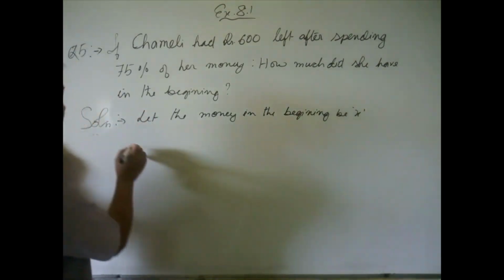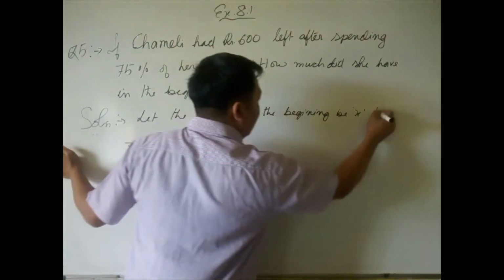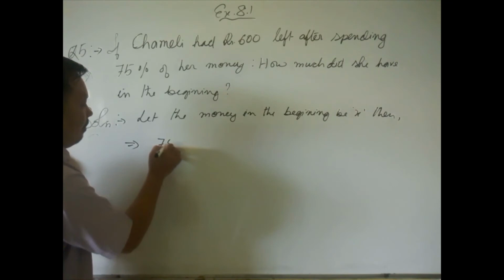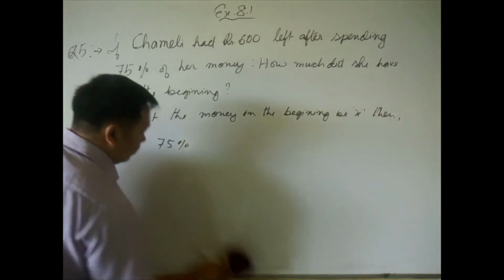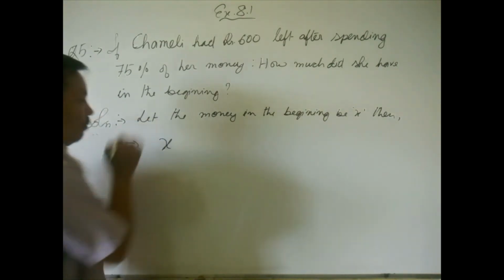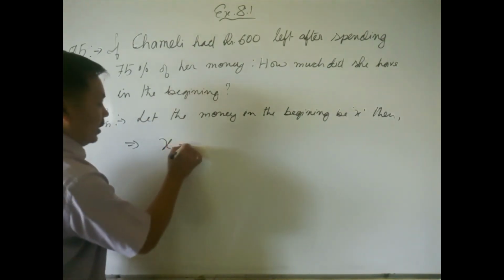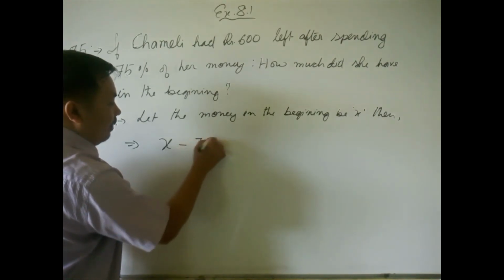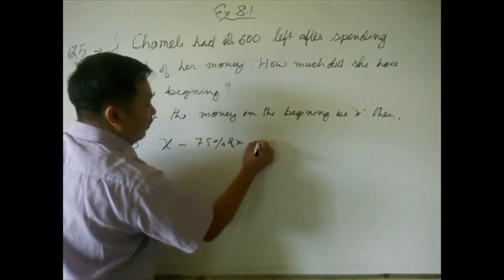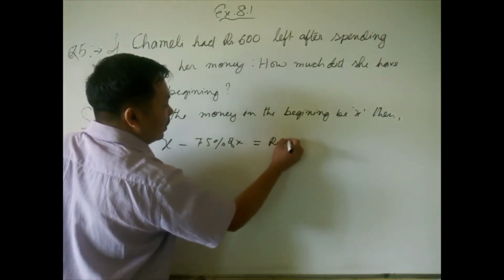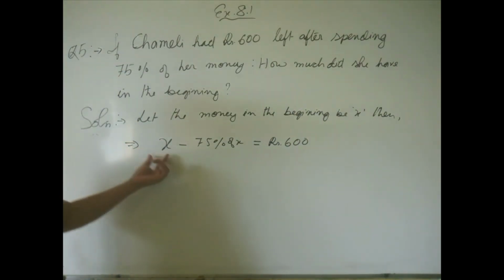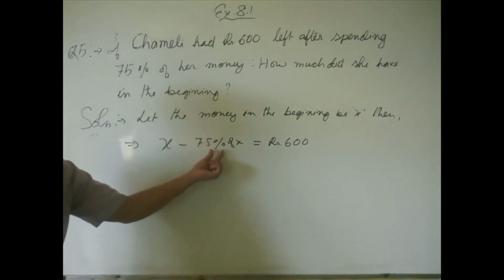Then by the condition of the question we have like this: from the total money, we minus 75% of x will be equal to rupees 600. That's one. Okay. X is the total money and 75% of x is already spent.